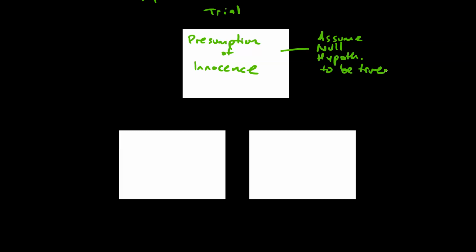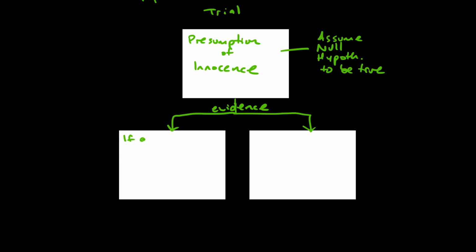And then what we do in a trial is we collect data, right? And then based upon that data, we end up with one of two outcomes. So let me just write here, this is our data or our evidence. One of the outcomes is the data is very convincing.